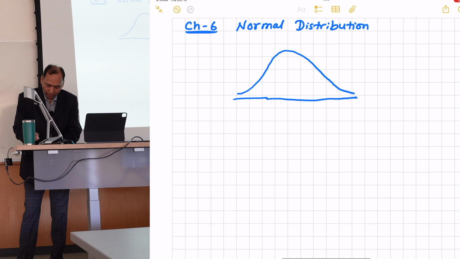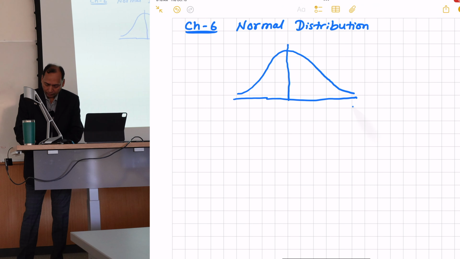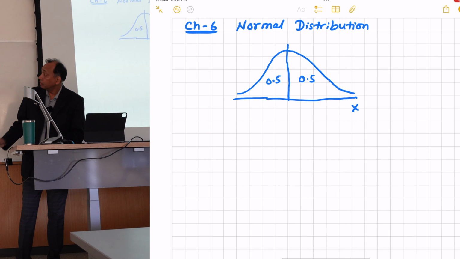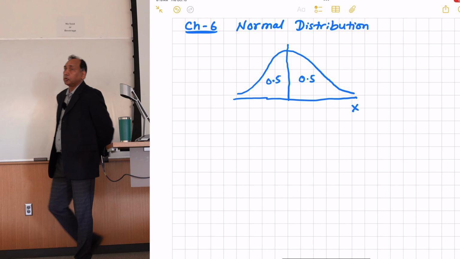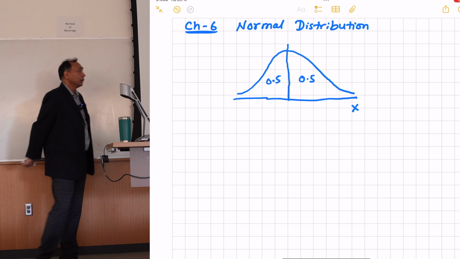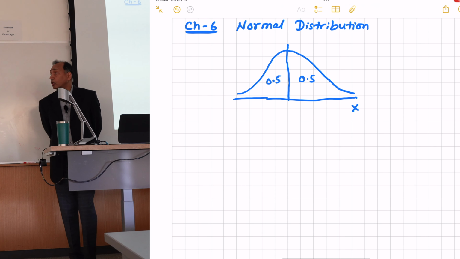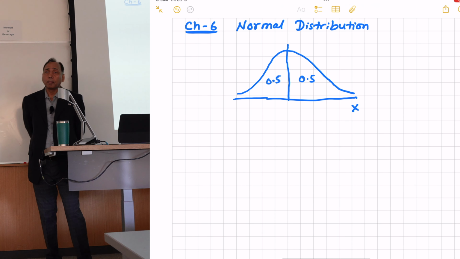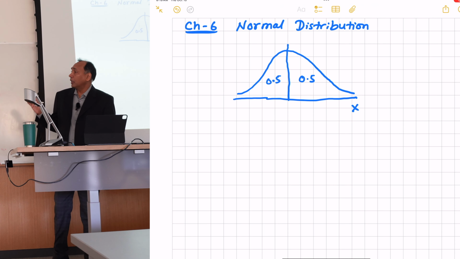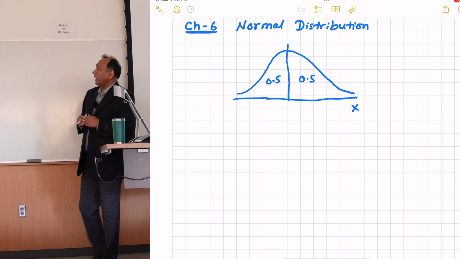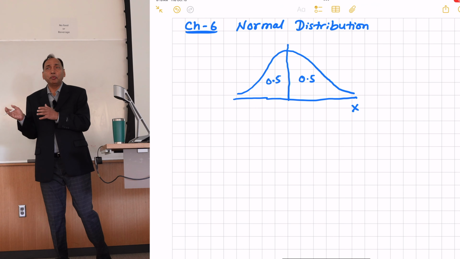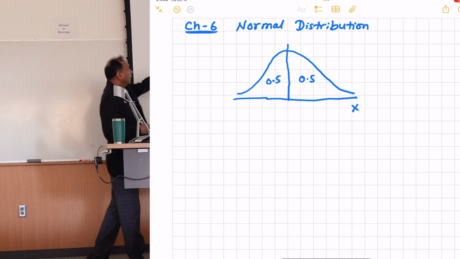This distribution is symmetric, as I said. If you draw this line, the area to the right and the area to the left are 50-50. So if you cut this distribution from the middle and fold it, both sides will overlap nicely. It's not that in the real world every random variable that is continuous and likely to follow normal distribution will be perfectly like this.